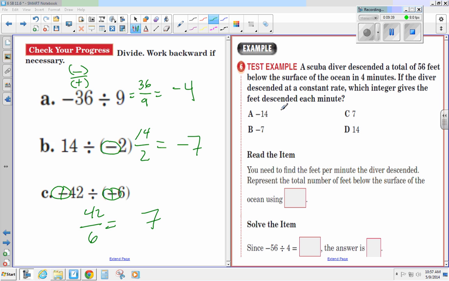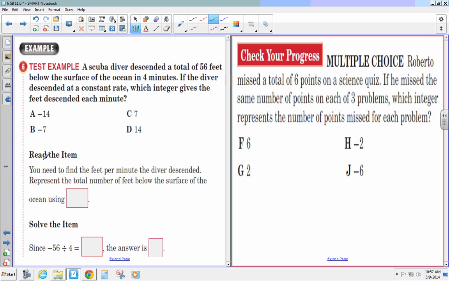So for this example, a scuba diver descends a total of 56 feet below the surface of the ocean in 4 minutes. The diver descended at a constant rate. Which integer gives the feet descended per minute? The first thing you need to do is find the feet per minute the diver descended. Represent the total number of feet below the surface of the ocean using negative 56.